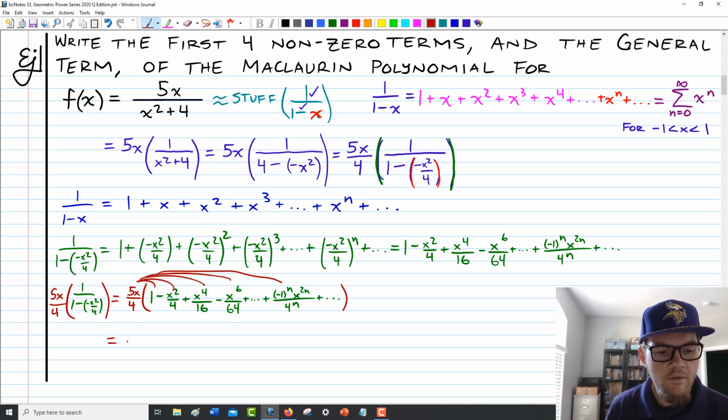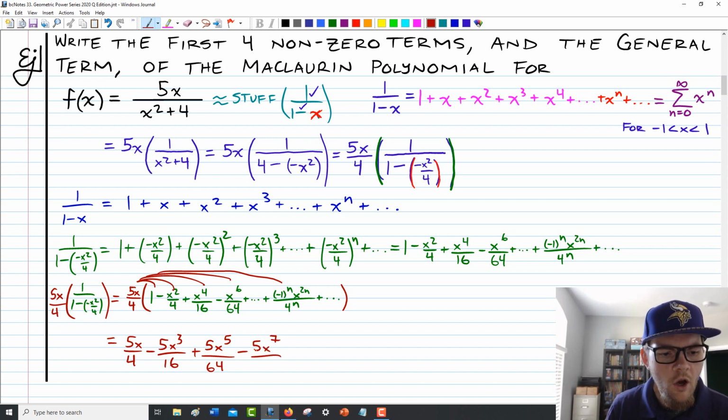When we do, that's going to give us our final bit. We'll have 5x over 4 for the first term, minus 5x cubed over 16 for the second term, plus 5x to the 5th over 64 for the third term, minus 5x to the 7th over 64 times 4 is 256.